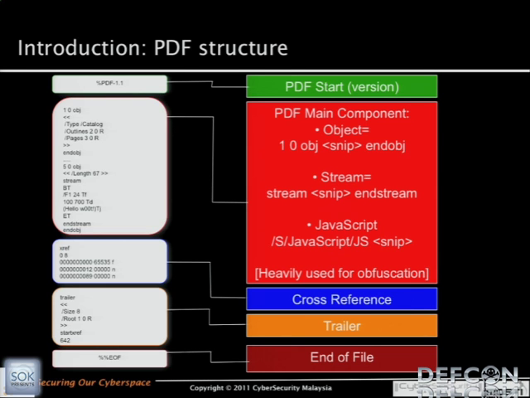The first one, on the green color box, is the PDF version. Normally you have something like percent, then PDF and then the version number.